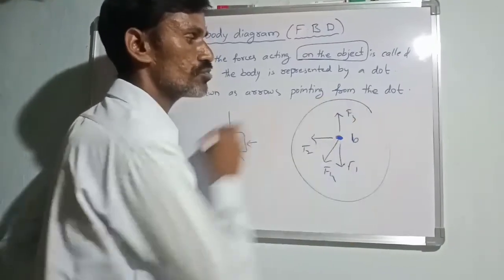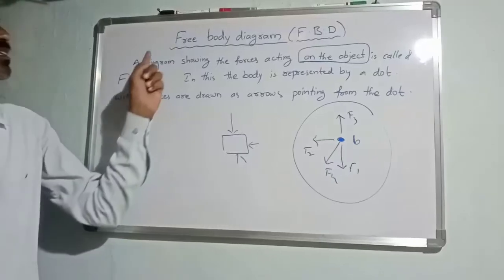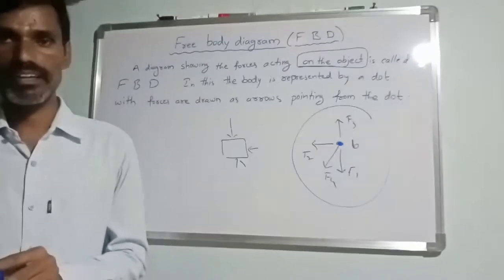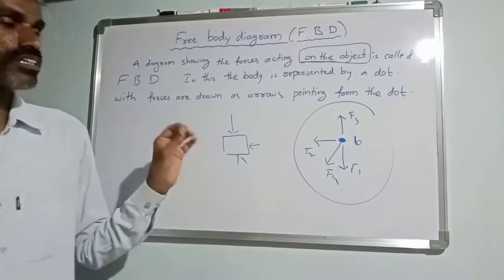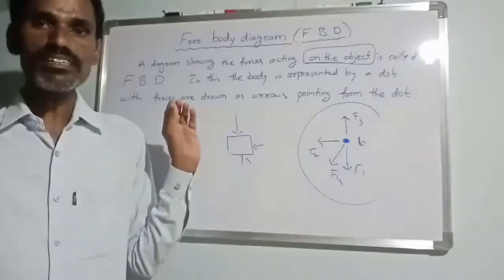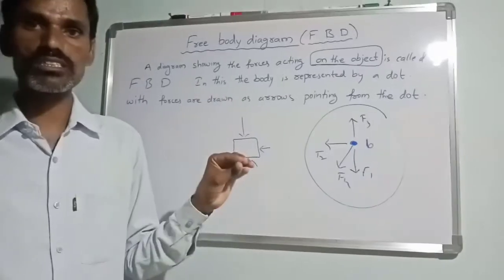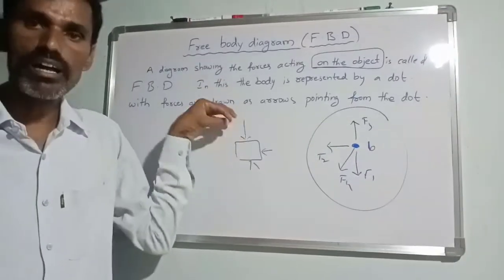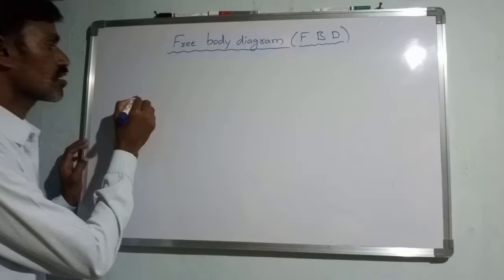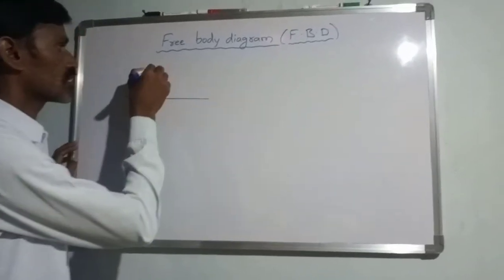This type of diagram is taken as a free body diagram. A free body diagram is nothing but a graphical representation of all forces which are acting on an object. Now we draw a free body diagram for this case.